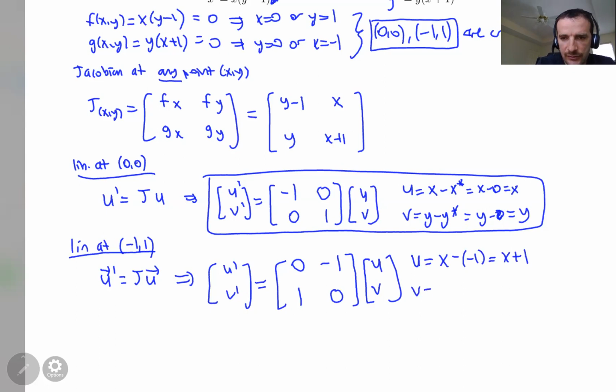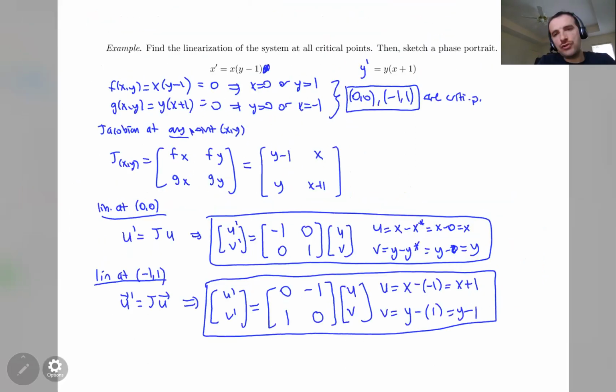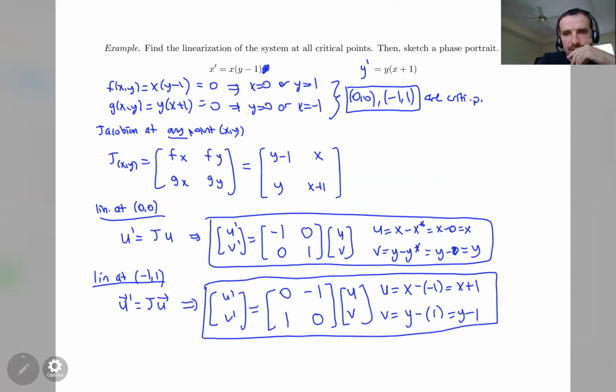Similarly, v is equal to y minus y star, and y star is 1. So y minus 1. All right, so this is the linearization at (negative 1, 1). All right, now what are we gonna do? We are gonna sketch a phase portrait of this system.